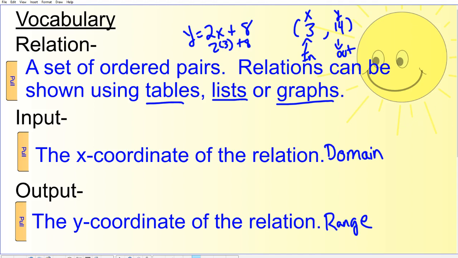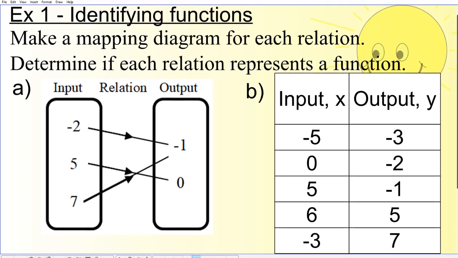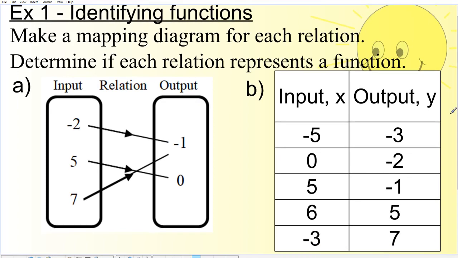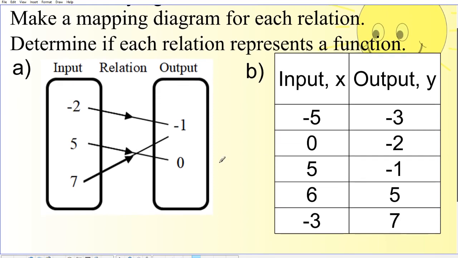So let's see a little bit about figuring out if something is or is not a function. Example 1 says, we're going to make a mapping diagram for each relation. Determine if each relation represents a function. So first off, this is a mapping diagram.